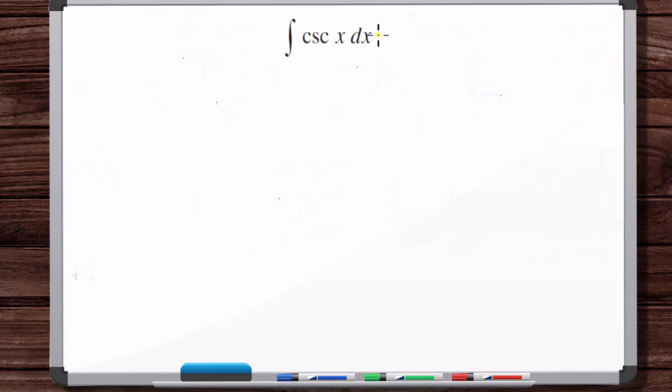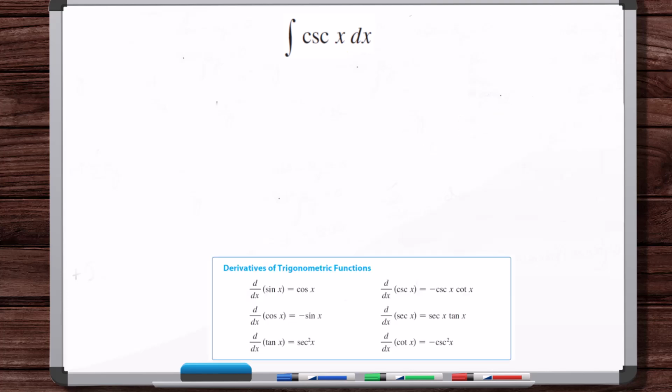And so to solve this, we want to find a clever way of creating a form where we can make one of those trig substitutions. We're working with cotangent and cosecant, right?